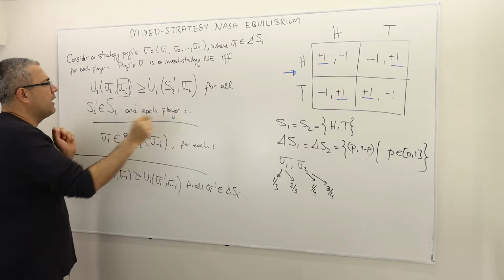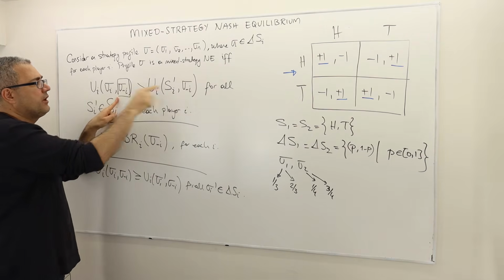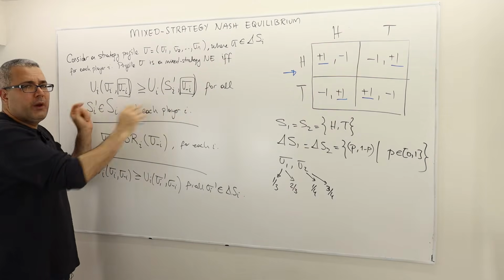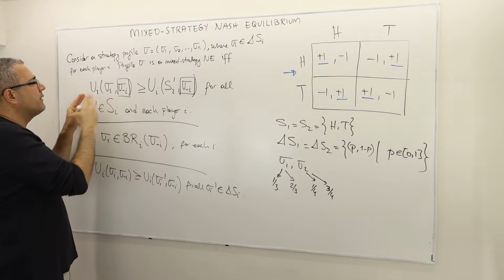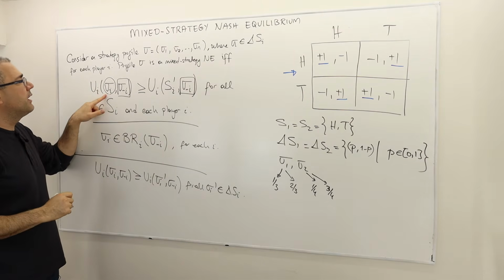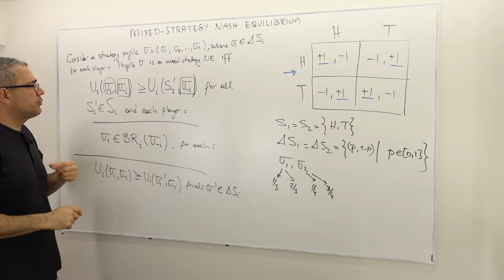So fix player i, and then fix his opponents' strategy. Then I'm going to compare two payoffs. On the one hand, the payoff of player i when he plays sigma_i, which is what's prescribed in this strategy profile.